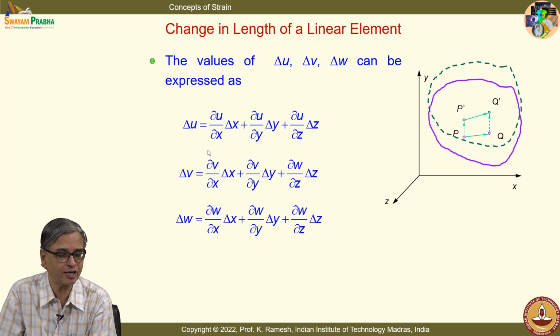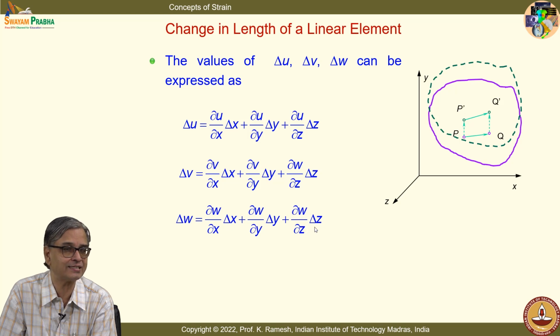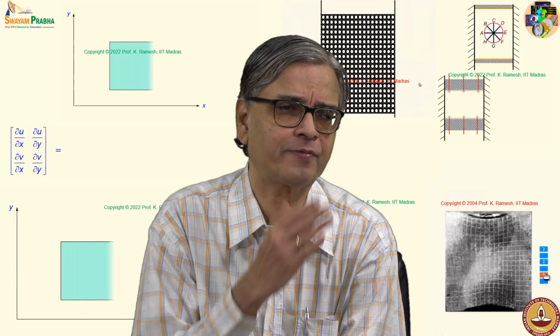On similar lines, I can also write delta v equal to dou v by dou x delta x plus dou v by dou y delta y plus dou v by dou z delta z, and you have delta w as dou w by dou x delta x plus dou w by dou y delta y plus dou w by dou z delta z. Fairly straightforward.